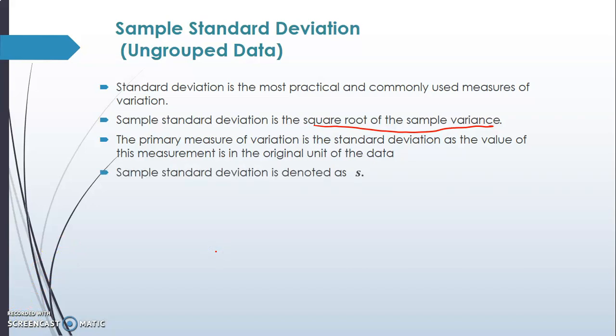Okay, for sample standard deviation, it is denoted by the notation s here. Okay, for variance, it is s square. For standard deviation, we just use s.